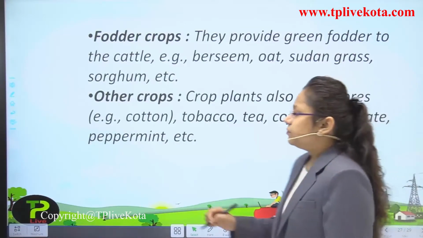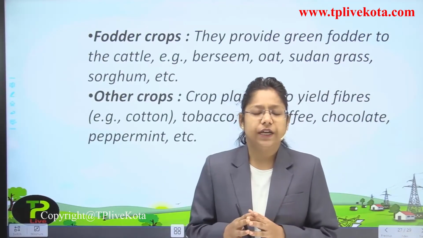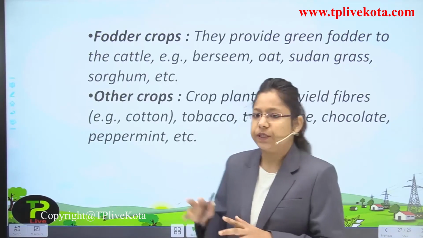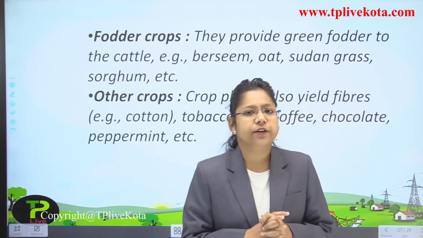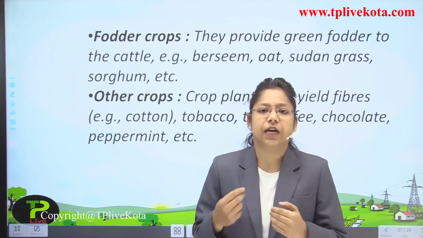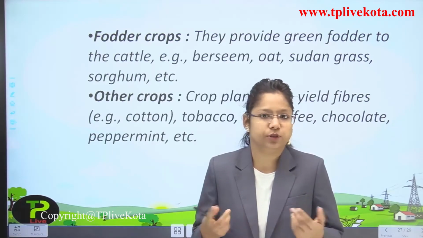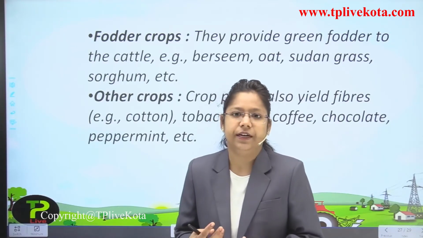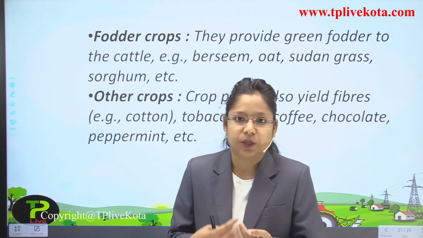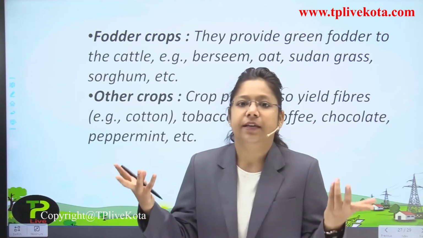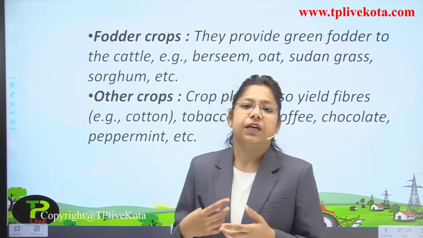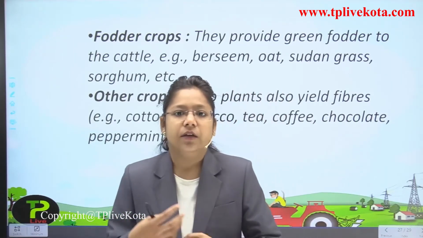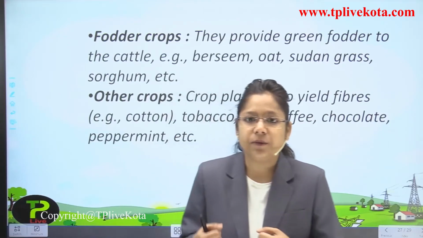Now the last part which I want to tell you about is the fodder crops and the other crops. Fodder crops are those types of crops which are used for rearing our livestock, because if the animals are not fed properly, then how will they do the proper cultivation of the fields? So fodder crops are very necessary for their rearing and proper functioning.